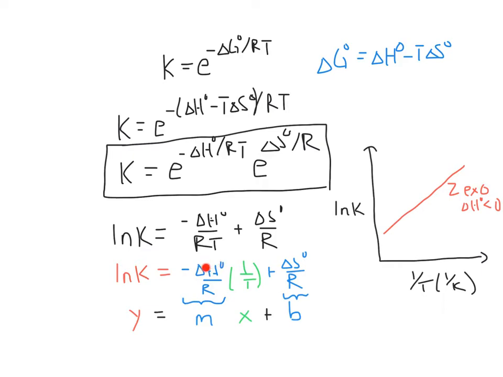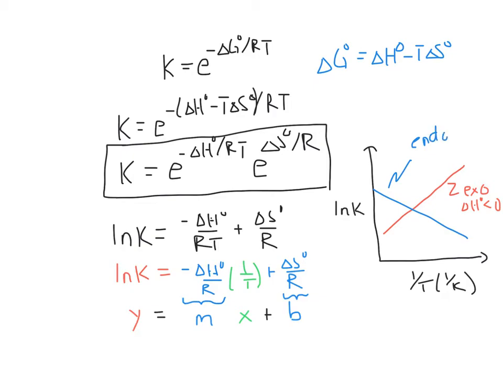And when delta H is negative, a negative times a negative makes it positive, and my slope is positive. However, when my reaction is endothermic, I will have a positive delta H naught, and that positive delta H times this negative will give me a negative slope when I have an endothermic reaction.